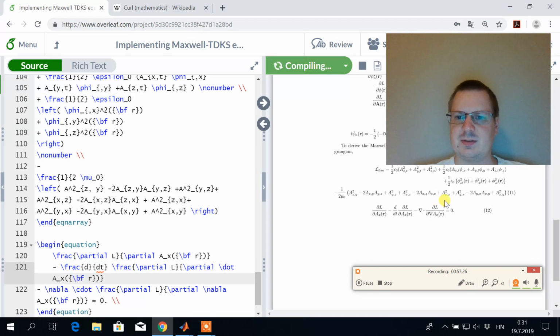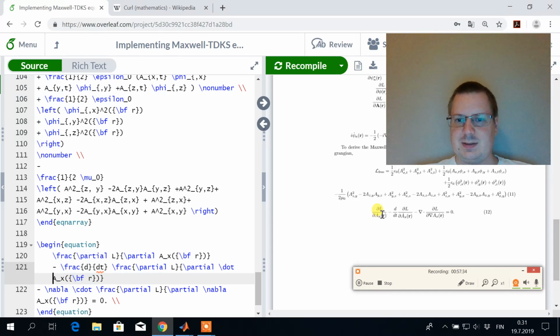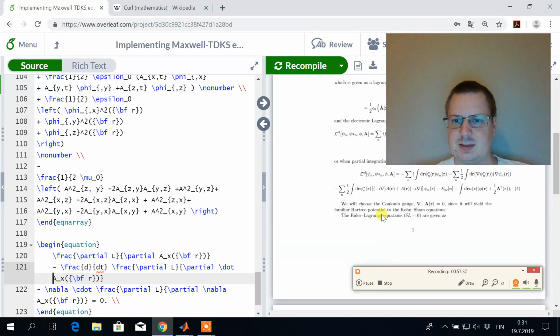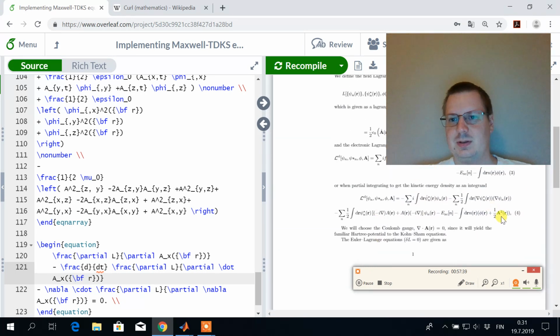Okay, now let's first look at the Lagrange equation for ax. So the explicit dependence, there's one, and that's this one. So this term is ax squared for the x part, and then you take it squared, you drop 2, this cancels this one, so you get the electron density and A. That's a very, very weird term.